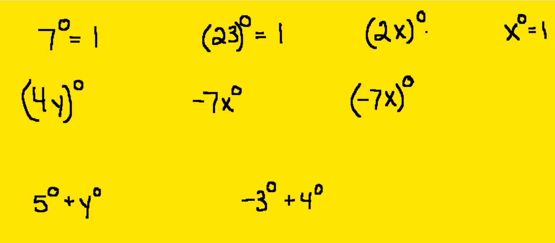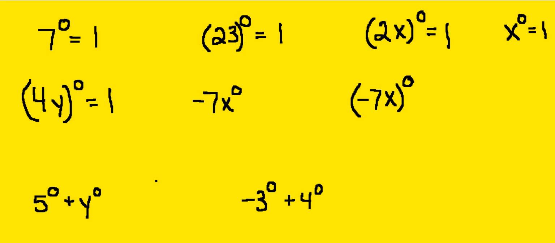Here we go. The base in this problem is 2x, told to us by the use of parentheses. So if the base is 2x raised to the 0, this thing equals 1. Here I've got 4y to the 0, similar to the 2x to the 0 in parentheses. So here my answer is 1.